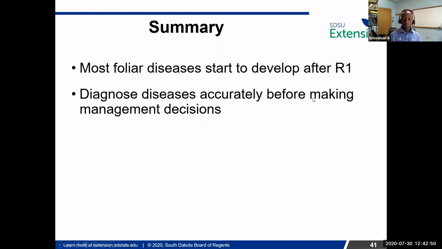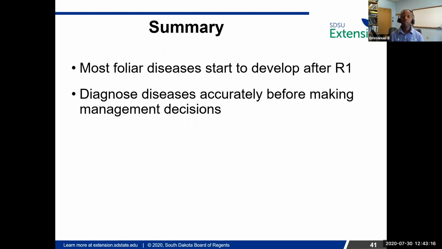So with that, I'm going to summarize this talk, that most of the diseases are going to start to develop after R1. So in soybeans, that would be when initial flowers are forming. That's when we see most of the diseases that are going to develop and perhaps be significant. So brown spot moving in the middle canopy, you have Cercospora showing up, you have Frogeye leaf spot showing up.